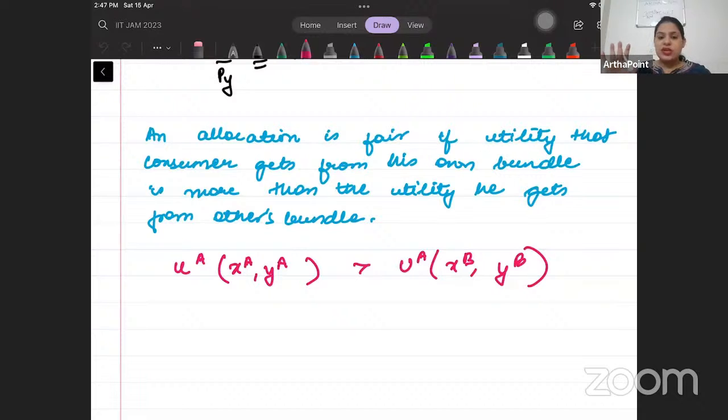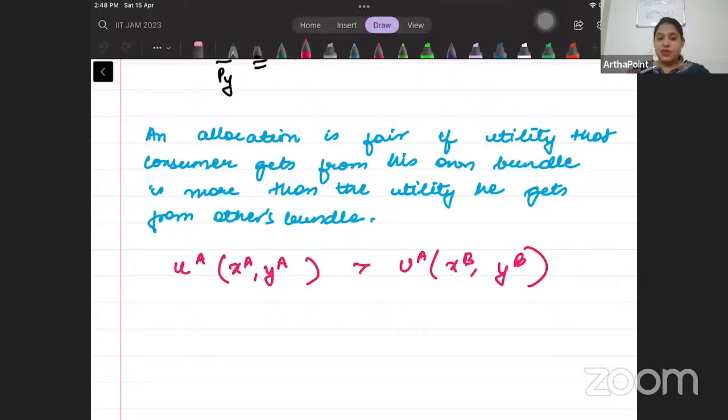I just have to check whether the individuals are envious or not, right? If you go back, just some knowledge here, to your Varian book, I think it is chapter number 33 of the old book, you will have this complete chapter that talks about when an individual is envious or not, right?